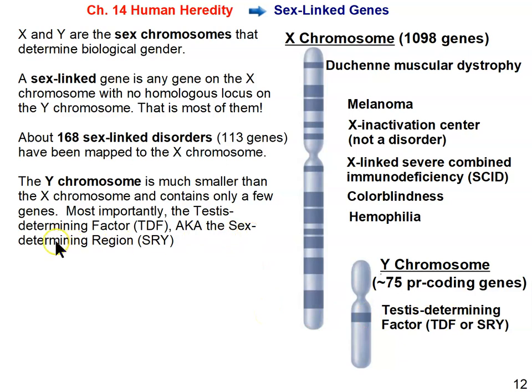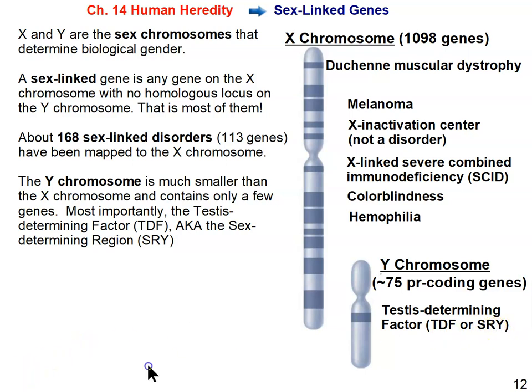It's also known as the sex determining region on the Y chromosome, so it goes by SRY also. So TDF for testes determining factor, or SRY for sex determining region on the Y chromosome.